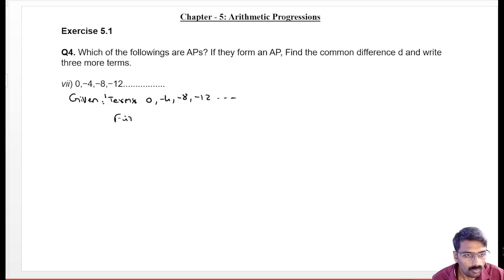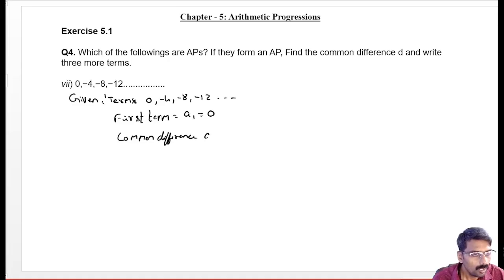In this, first term A1 is equal to 0, common difference D is equal to A2 minus A1, that is equal to minus 4 minus 0, which is equal to minus 4.